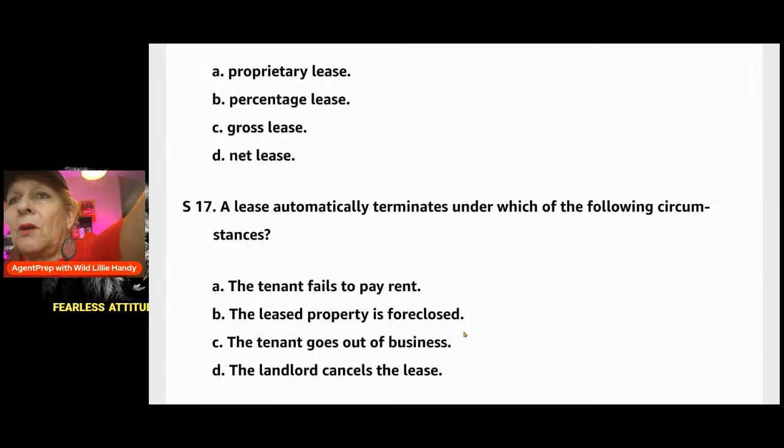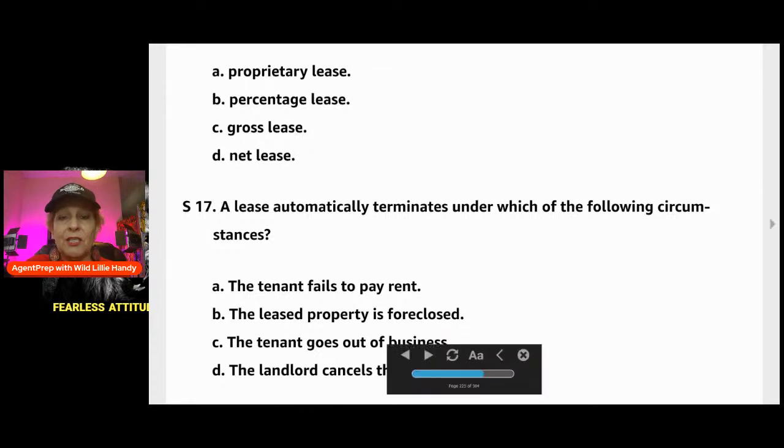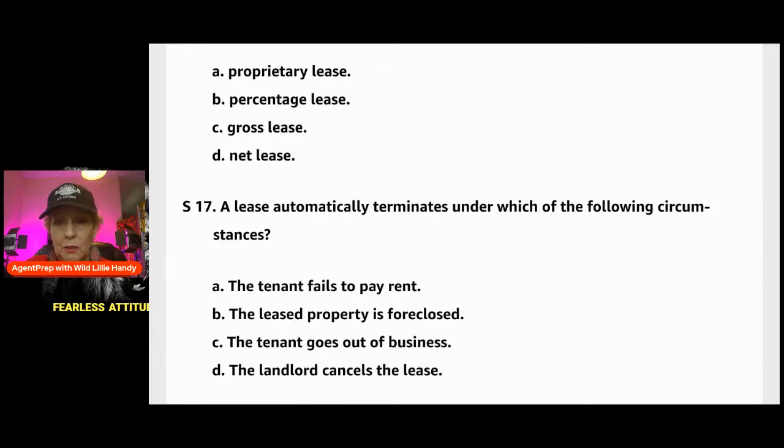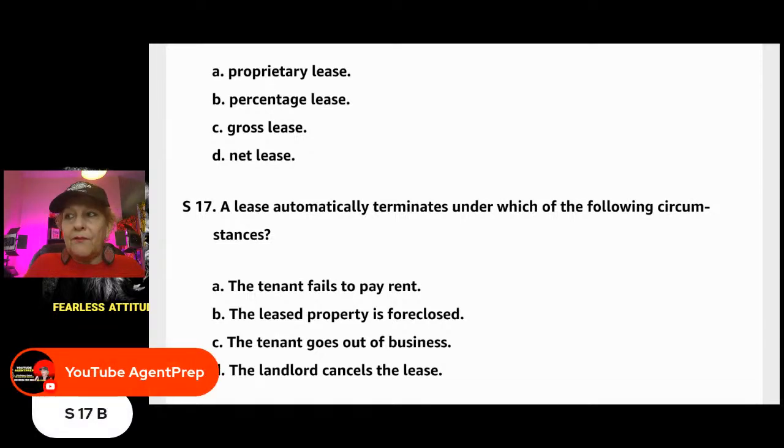And so they may still have to evict the tenant, but it terminated automatically when the property is sold by a lender. So the new buyer will have to be the one that evicts them, if the lender doesn't do it.